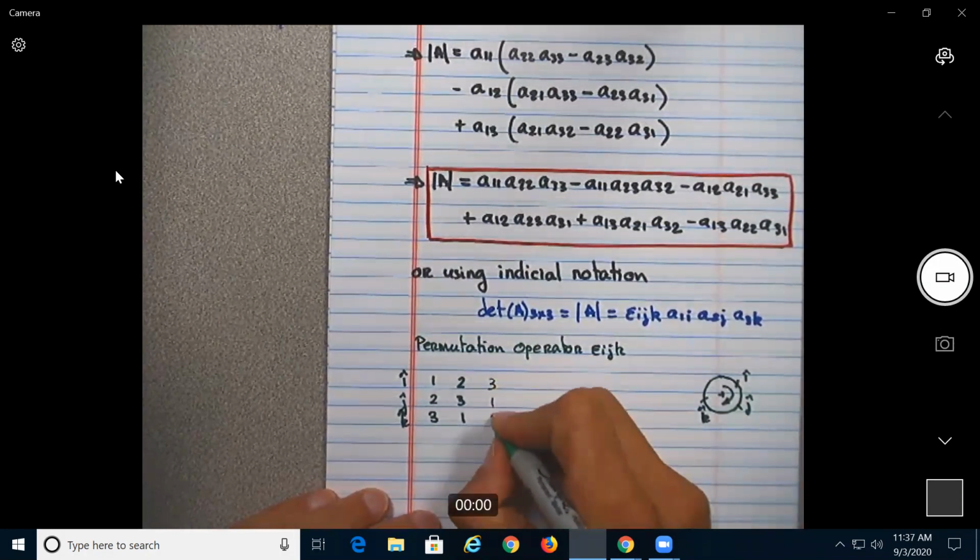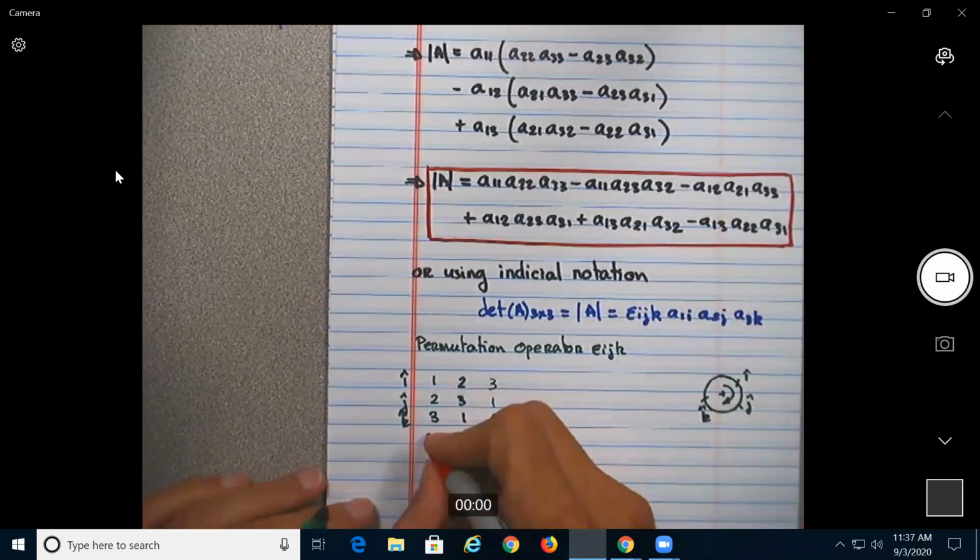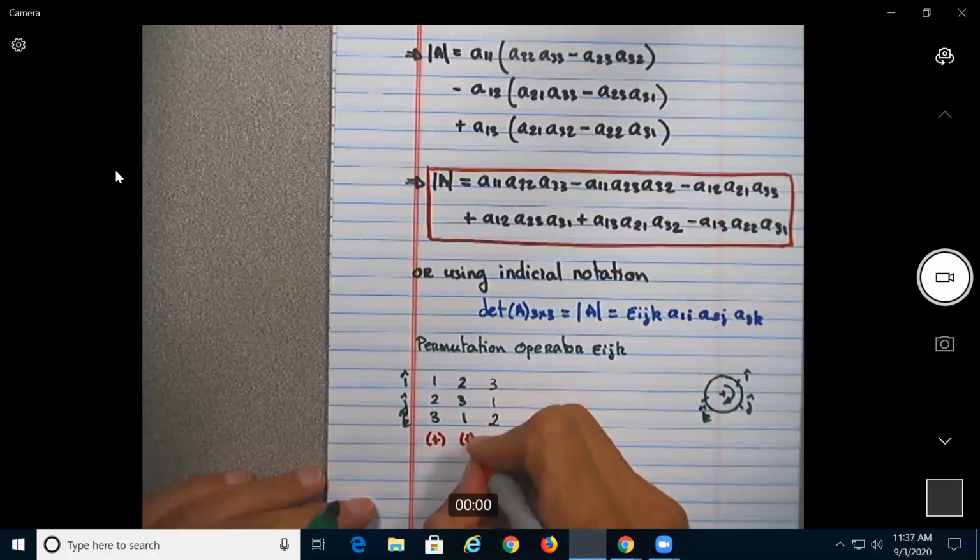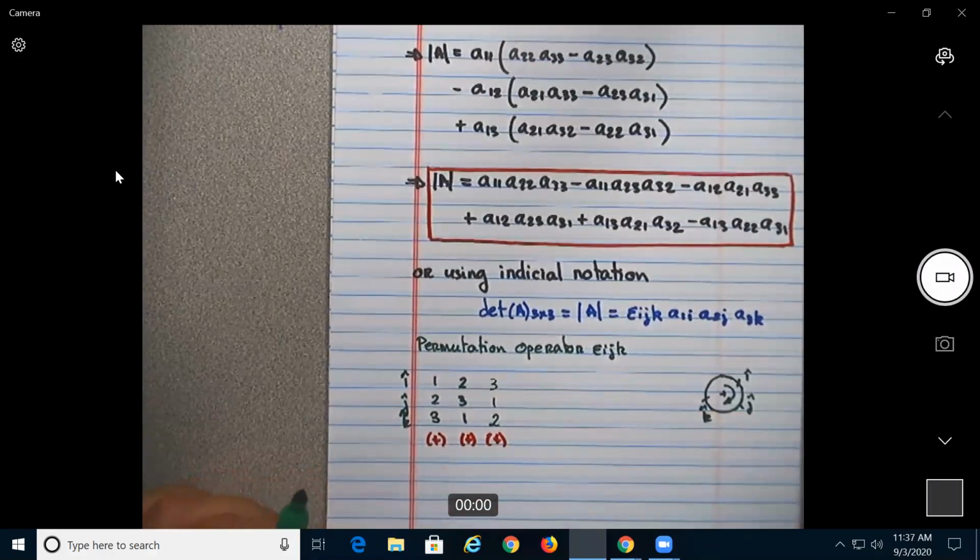These three should be the positive ones, no? Same figure as last time, okay?